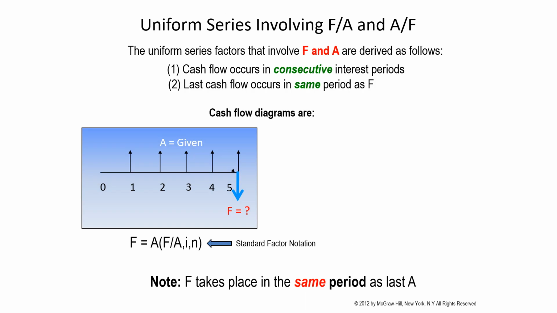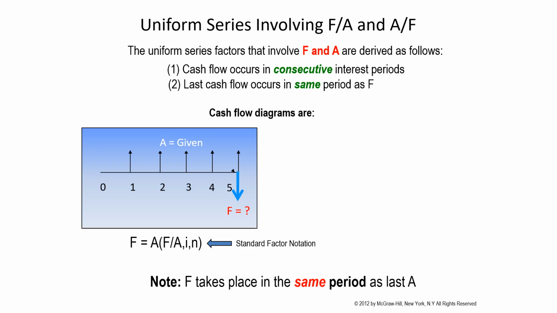Now, future and annual are also a little bit unusual because by convention, the lump sum future value exists in the same year as the last A. And then again, we don't have anything in time 0. So if you ever have a cash flow diagram where there is some amount in 0, and I ask you to find the future value of all of it, you'd have 2 steps you'd have to do.